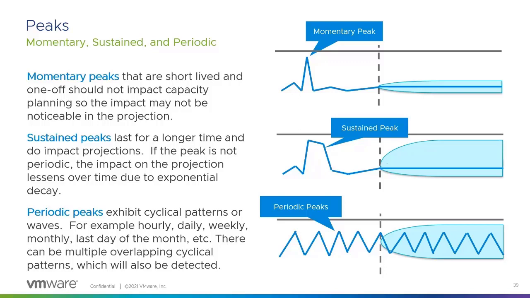Those kinds of peaks, which we call momentary peaks, in general should be ignored because when you look at the historical utilization, it doesn't look like that's important. The next one is a sustained peak. This is a peak that lasts for a longer period of time.